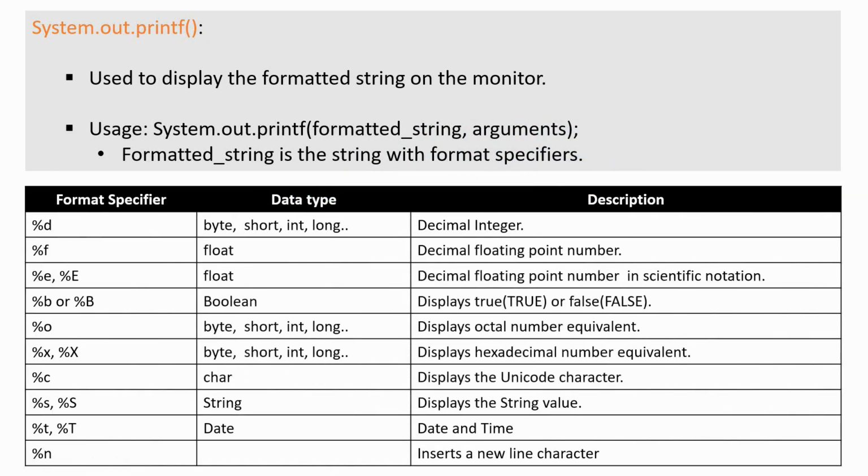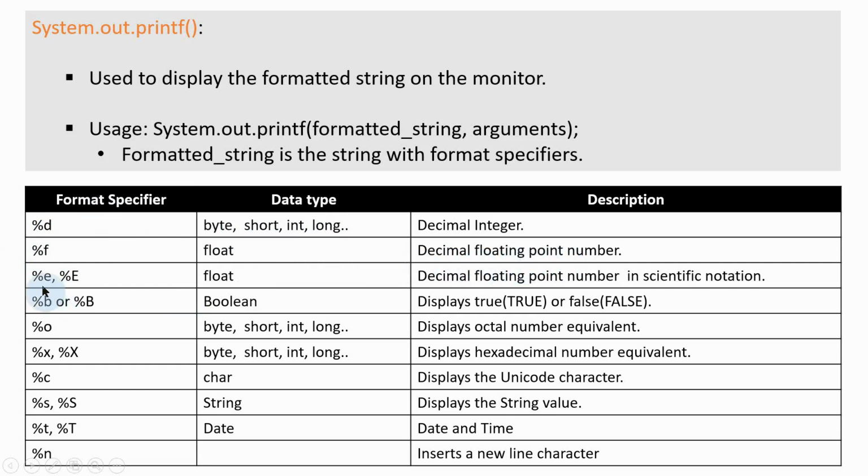I am going to give you various format specifiers now. We are going to use %d for the purpose of displaying decimal integers. Here for the data types byte, short, int as well as long, we are going to use %d as a format specifier. And then %f is a format specifier for the floating point number.